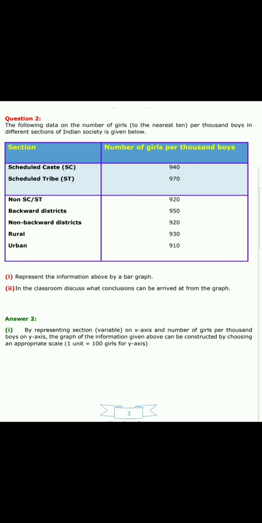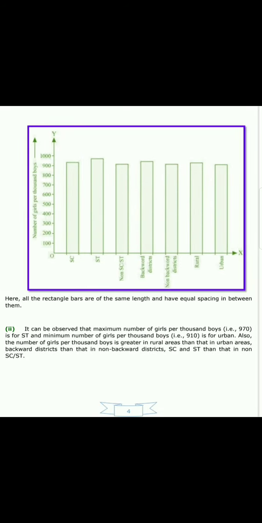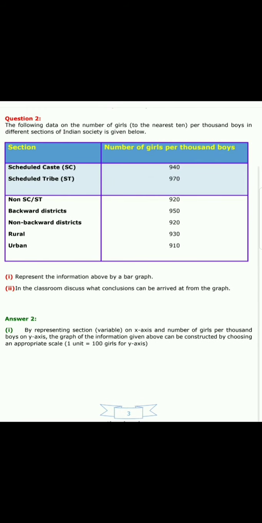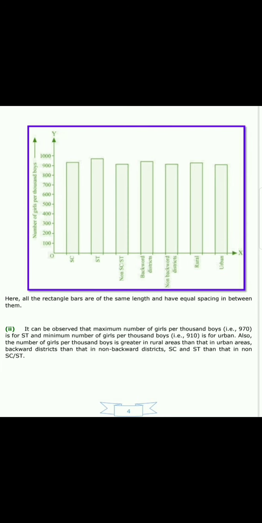Next is rural, with 930 girls per thousand boys, which is also less, and in urban there are 910 girls per 1000 boys. So this is the least number of girls, as you can see in the graph.